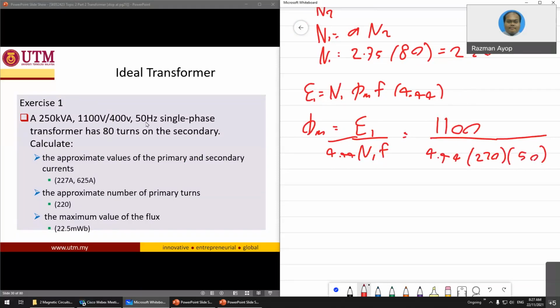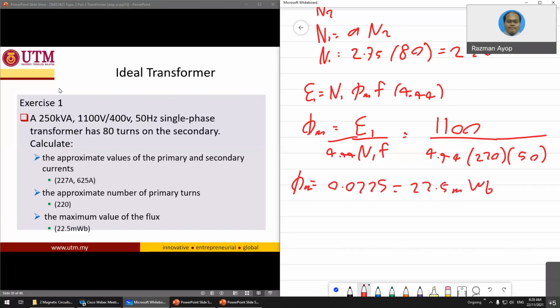You can see this one is the frequency. So the maximum flux equals, use your calculator, 0.0225, or 22.5 milliweber.